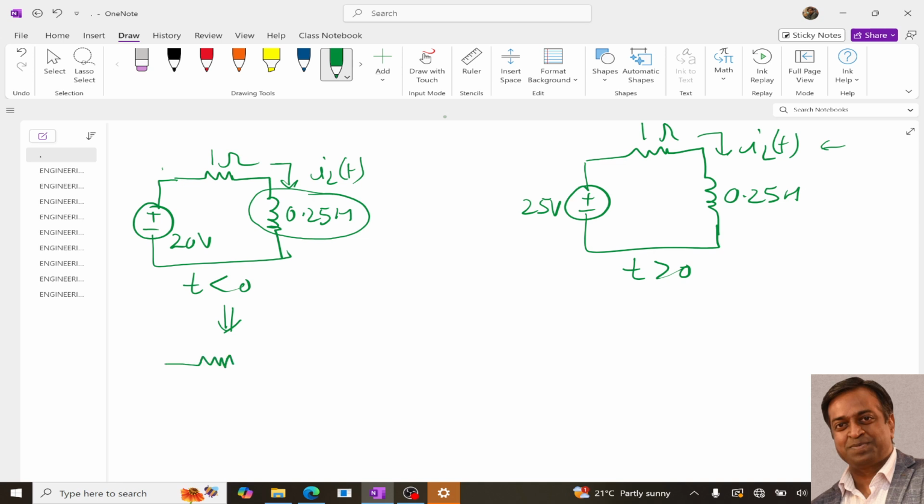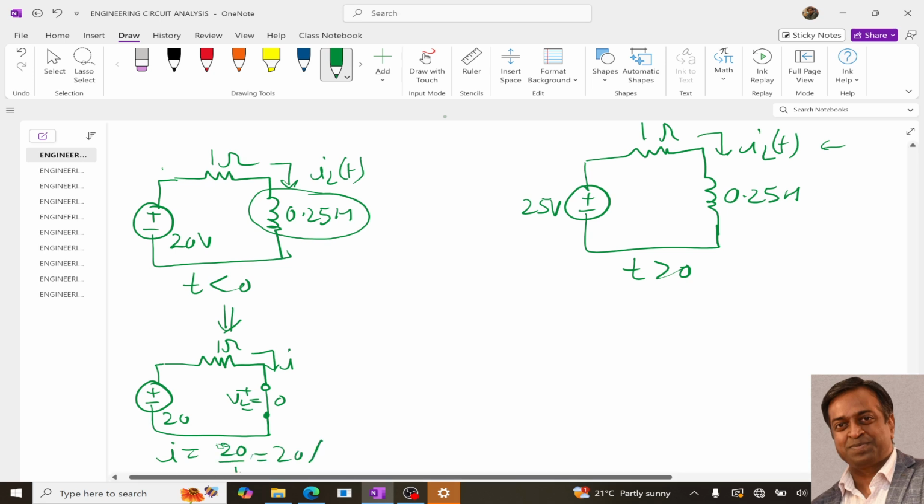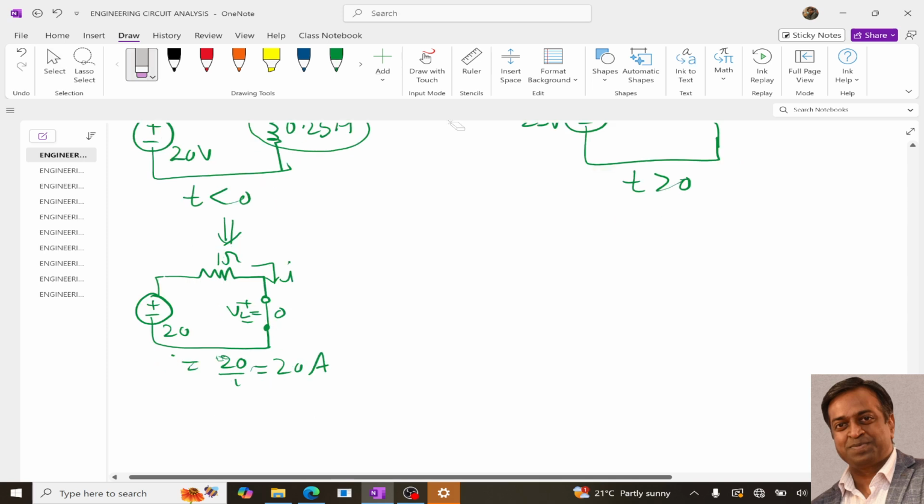So VL will be 0. This is 1 ohm, this is our current, and this is 20. So the current will be 20 upon 1, which is 20 amperes, right? So at I(0 minus), current is 20 ampere.